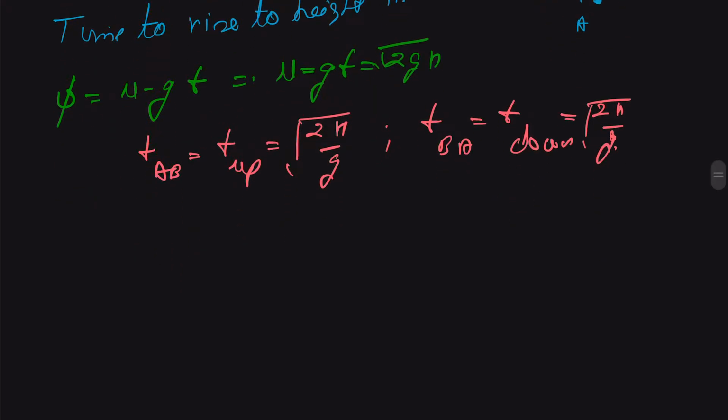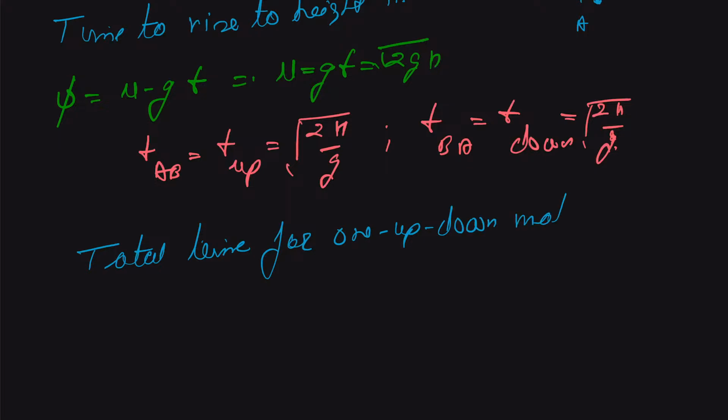And the total time for one up-down motion, let us call this T of H, will be equal to the summation of T up and T down.